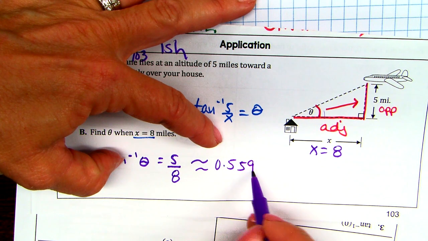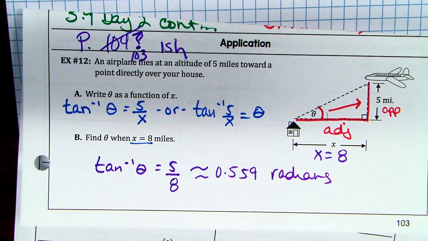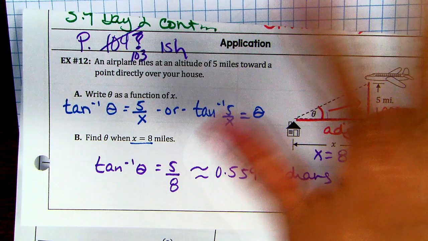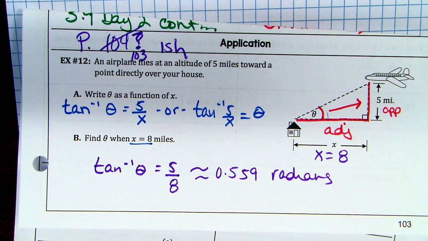Does that look right? Radians. Okay, but remember I said something about degrees? In the real world, we don't use radians to talk about thetas. Think about any kind of aviation, whether we're talking about flying or driving or anything, it's always degrees. Think about longitude and latitude, all that stuff. So when we have a real world problem, usually we're going to put our answer in degrees.